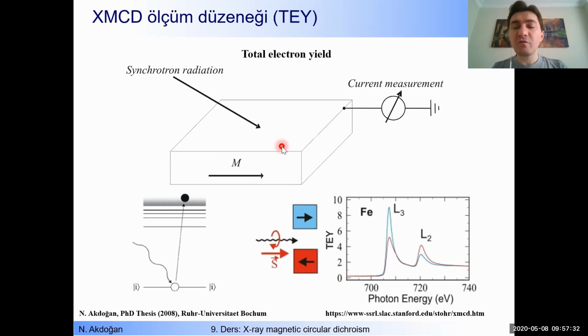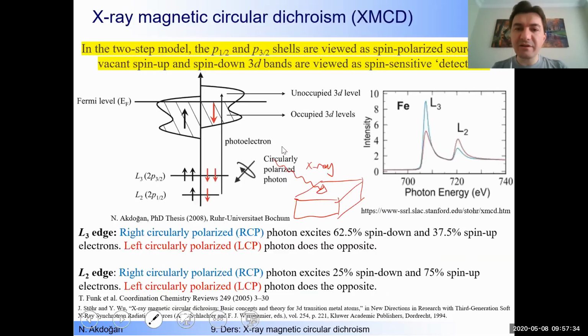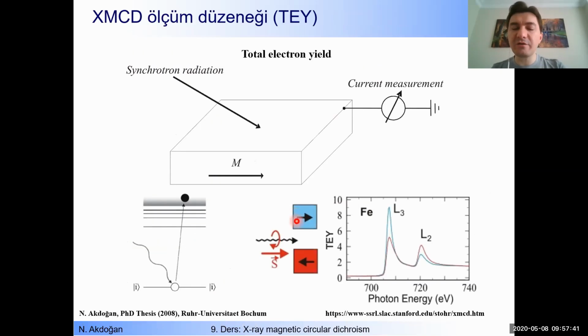Okay, so what about the result? The result is similar to what I have discussed here. Let's say you use right circularly polarized light and you are measuring a ferromagnetic material, iron for example. In that case, you scan the energy and you collect the total electron yield, okay? Total electron yield means the total number of photoelectrons and Auger electrons produced within that material.